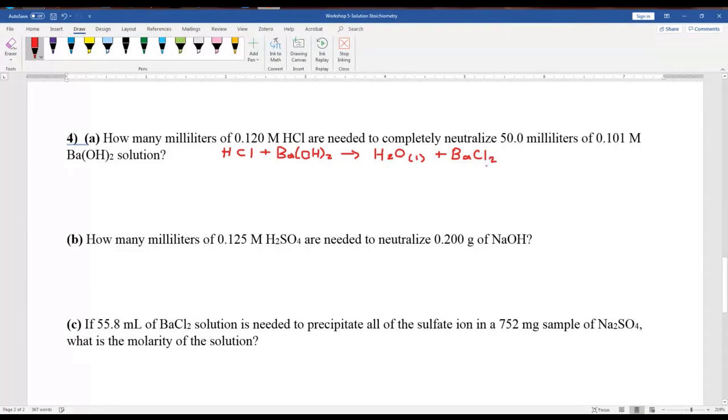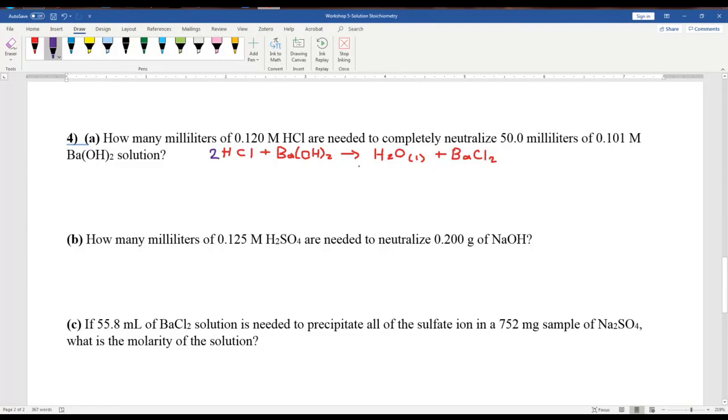Very good. And now we just have to balance the equation. So, how do we do that? We need a coefficient of 2 on the first reactant. Very good. Identifying chlorine present in both.